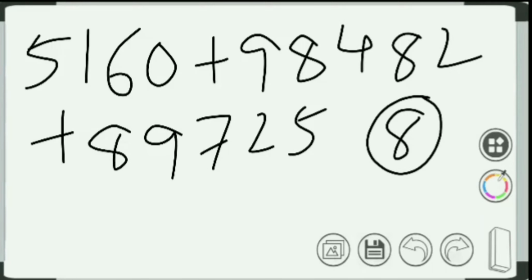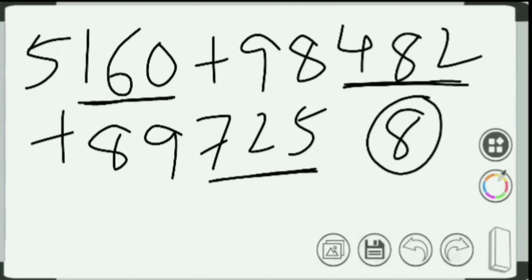What will be the remainder when this sum is divided by 8? To check the remainder, we just take the last 3 digits of every number. We take the last 3 digits of every number and divide by 8.